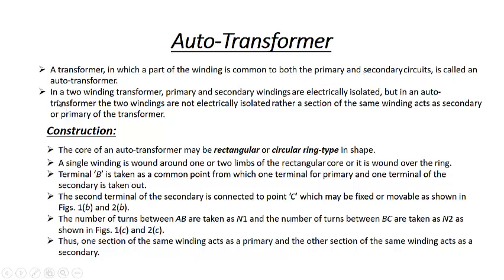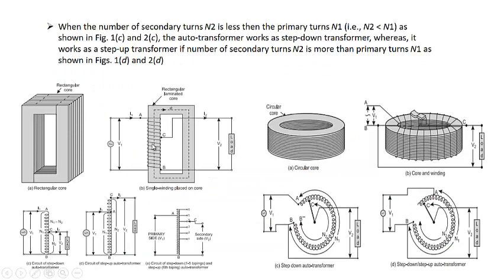In a two-winding transformer, primary and secondary windings are electrically isolated, but in an auto transformer, the two windings are not electrically isolated, rather a section of the same winding acts as a secondary or primary of the transformer. This auto transformer is actually known as the single winding transformer.